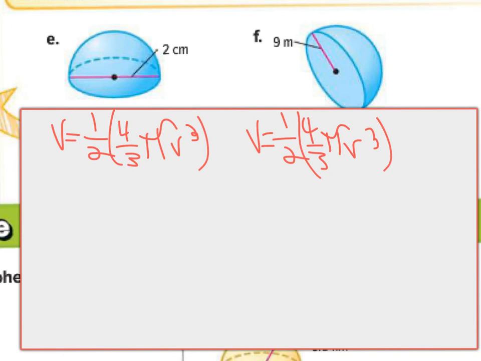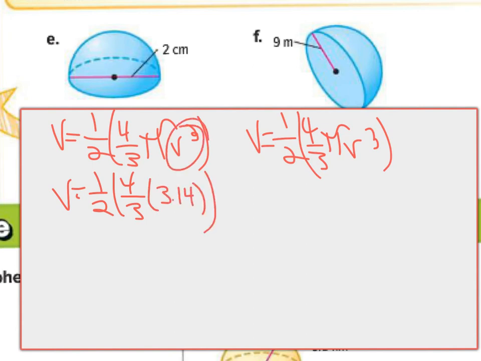Now this is going to be easy, simply because we could just multiply times 1, and 1 times 1 times 1 is 1. So essentially what we're doing is we're multiplying these two together and then multiplying that times a half. So that should be relatively quick. I'm going to write volume equals a half times 4/3 times 3.14, and that's it.